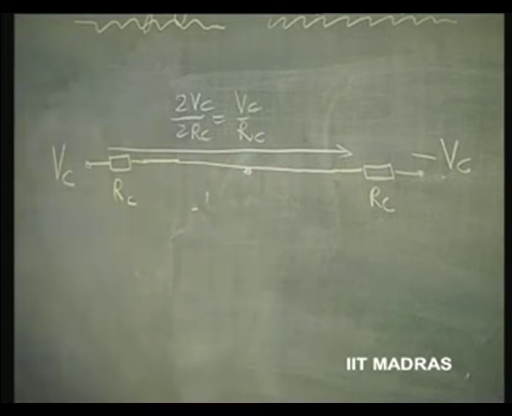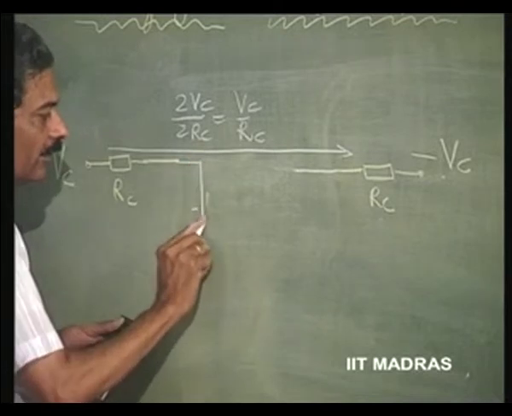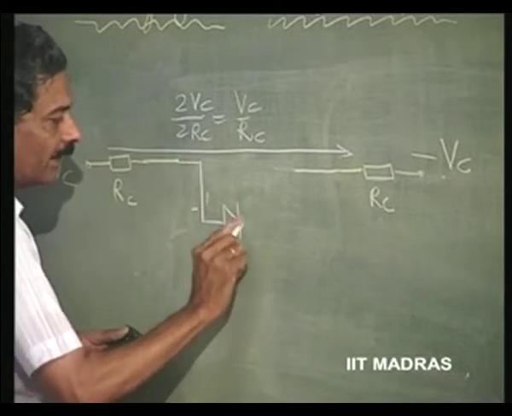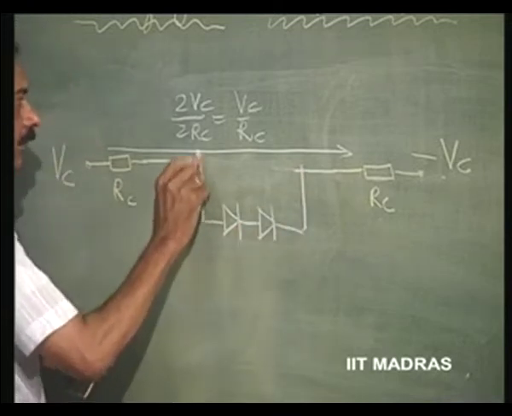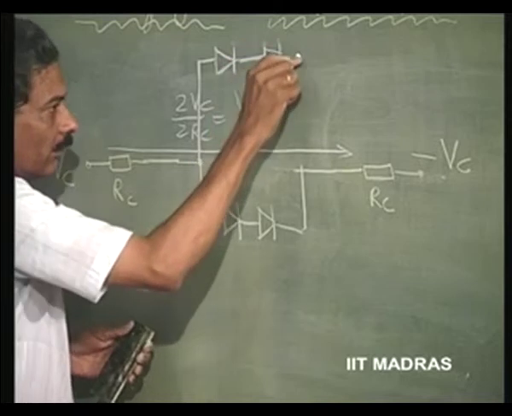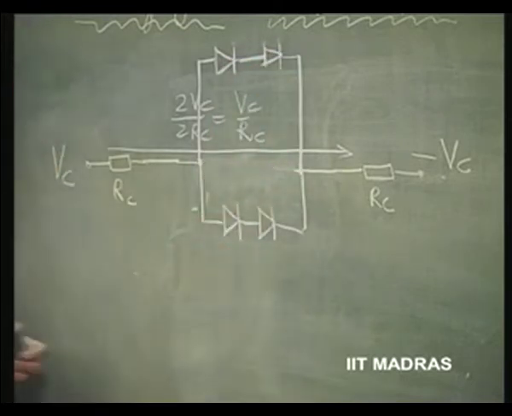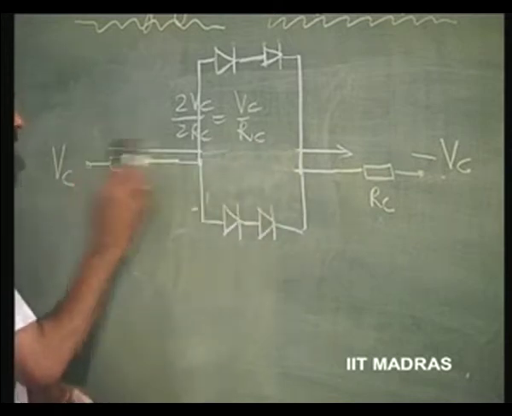Once I establish the current in the circuit, I can restore the diode. Only remember that the diodes are forward bias and can be replaced as shorts. Please remember that. They are really short circuits and the current flowing is Vc by Rc.